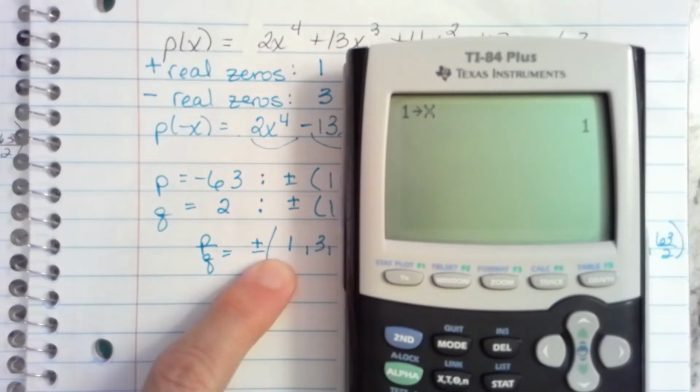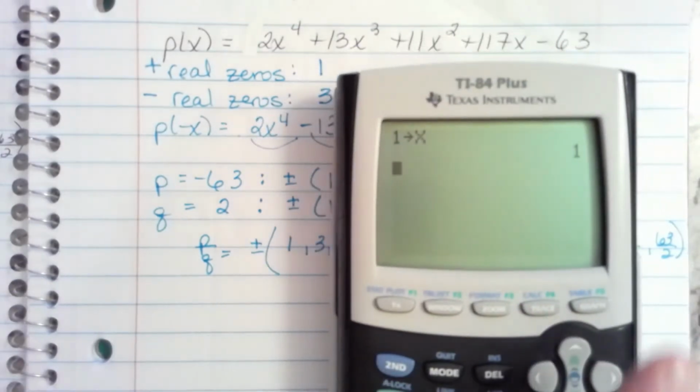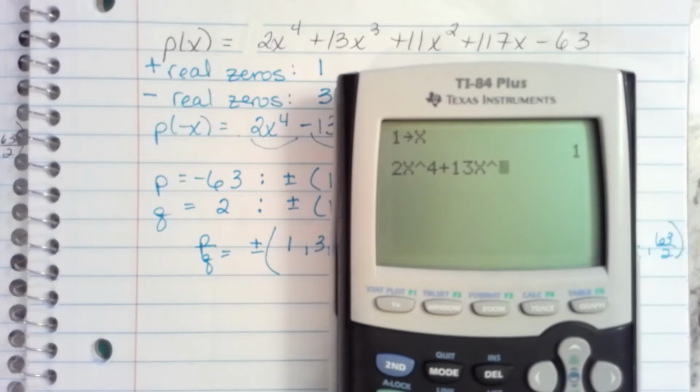I'm going to plug it into the polynomial. So we have 2x to the fourth plus 13x cubed plus 11x squared plus 117x minus 63.